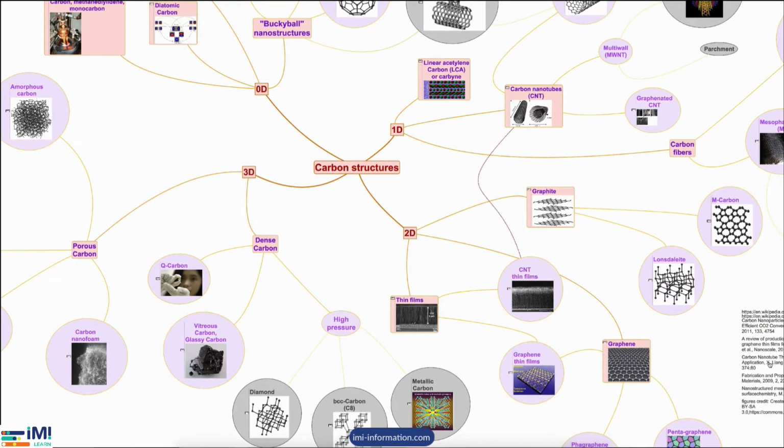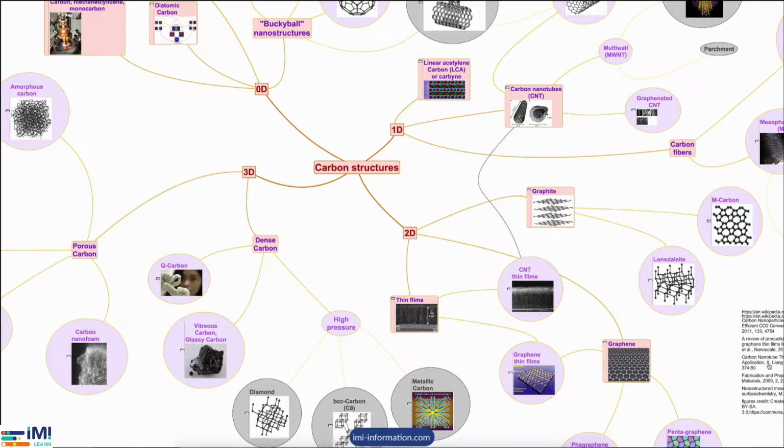Something very important when we build mind maps is not only to place and organize the different nodes, but also to create the right connections between all these nodes. Our current mind map is a radial mind map. We start from the central topic, carbon structures, and we develop different branches and sub-branches from it. But you could also have some connections between nodes that don't belong to the same branch.